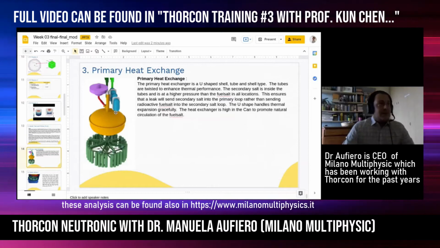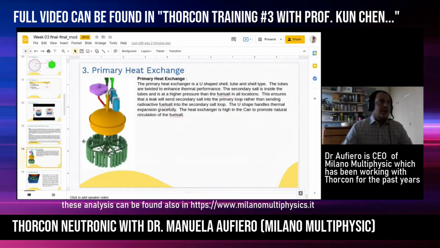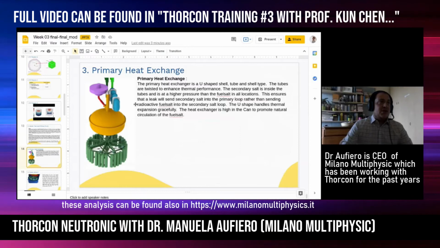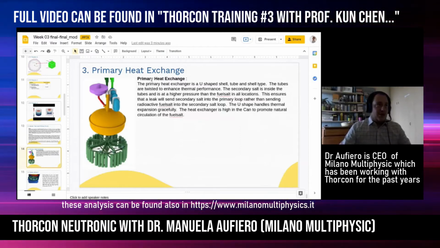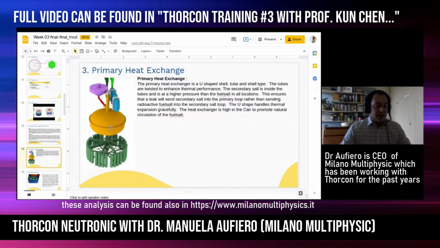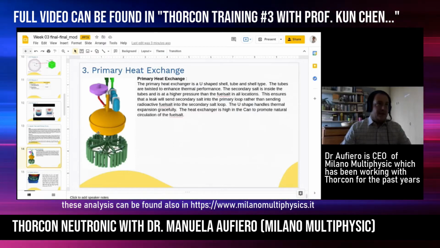The primary heat exchanger, as mentioned before by Lars, has moved from the side of the core to the top. The primary heat exchanger is a U-shaped shell and tube heat exchanger. The adoption of twisted tube is due to the enhancement of the heat transfer coefficient on the shell side.